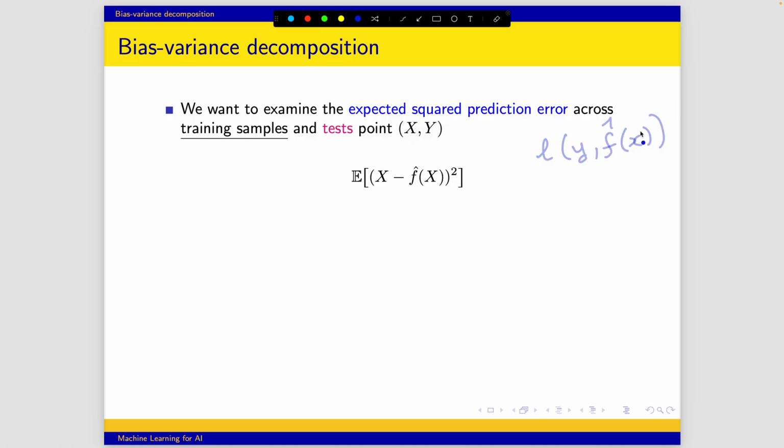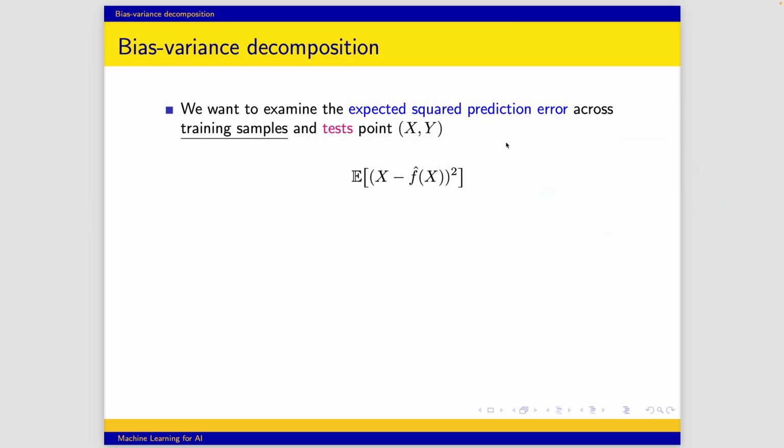We call this a loss function. The classical one, L of y, f hat of x, is simply y minus f hat of x, squared. We call this the square loss. This is the loss that we use in the classical bias-variance trade-off, and that's the one we're going to derive.